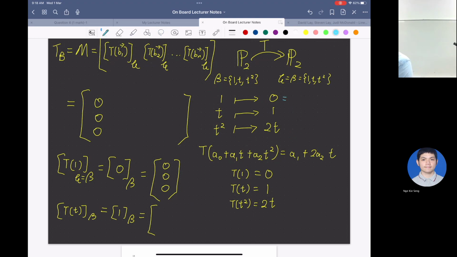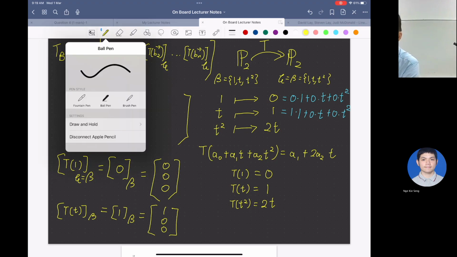So what is 0? 0 is 0 times 1 plus 0 times t plus 0 times t squared, so the coefficients are 0. What is 1? 1 is 1 times 1 plus 0 times t plus 0 times t squared, so you get 1, 0, 0. Make sense?